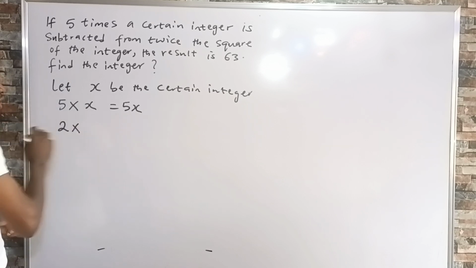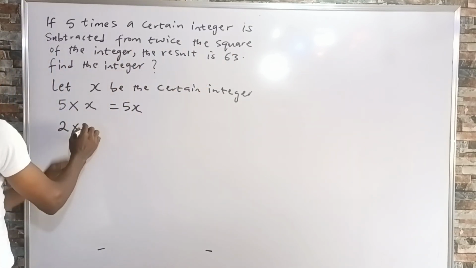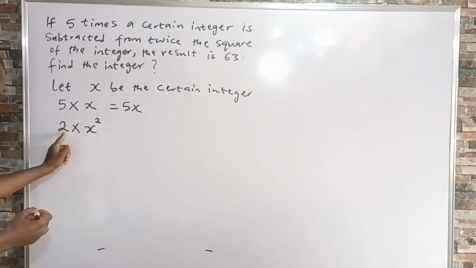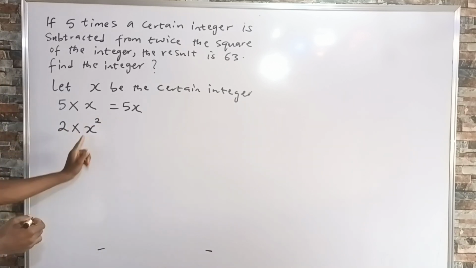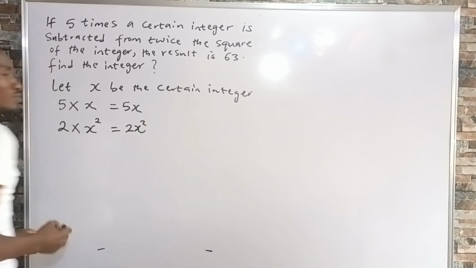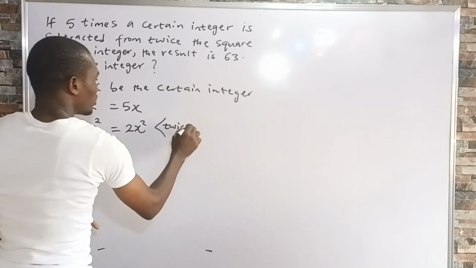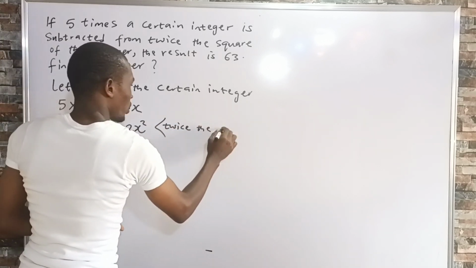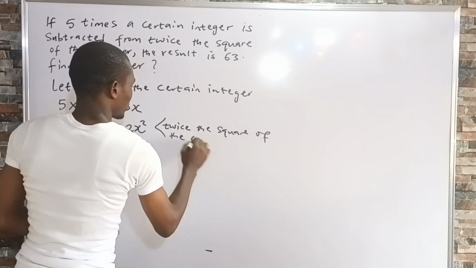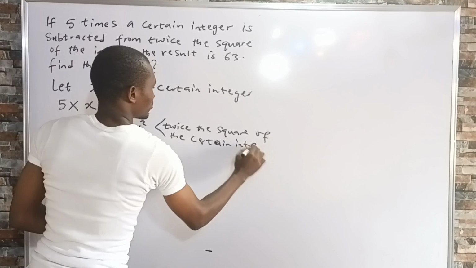So twice the square of the integer x: the square means squaring it, and that will give us 2x squared. Remember that 2x squared simply means twice the square of the certain integer.